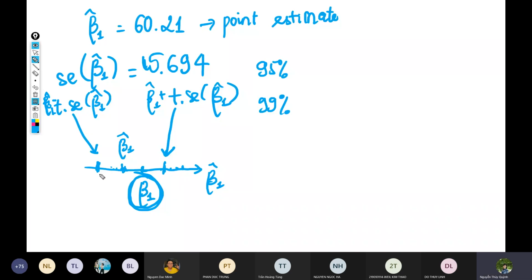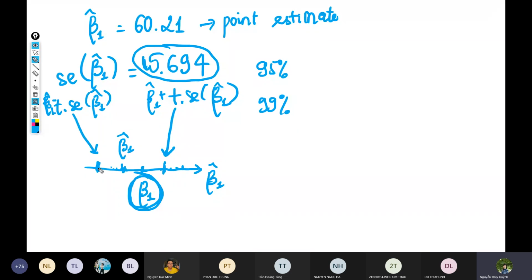If the standard error is small, we will have a quite small range, and we can be 95% sure that range contains the true value of beta 1.